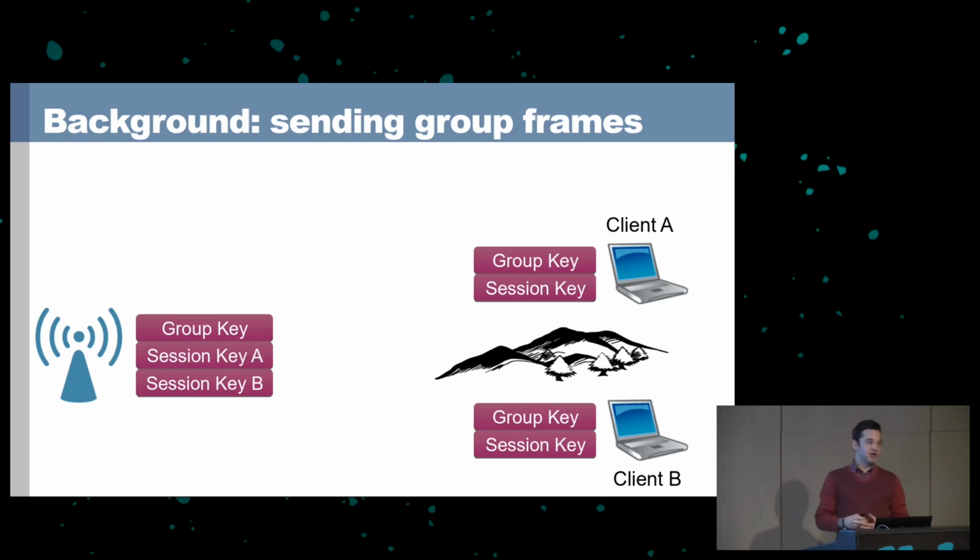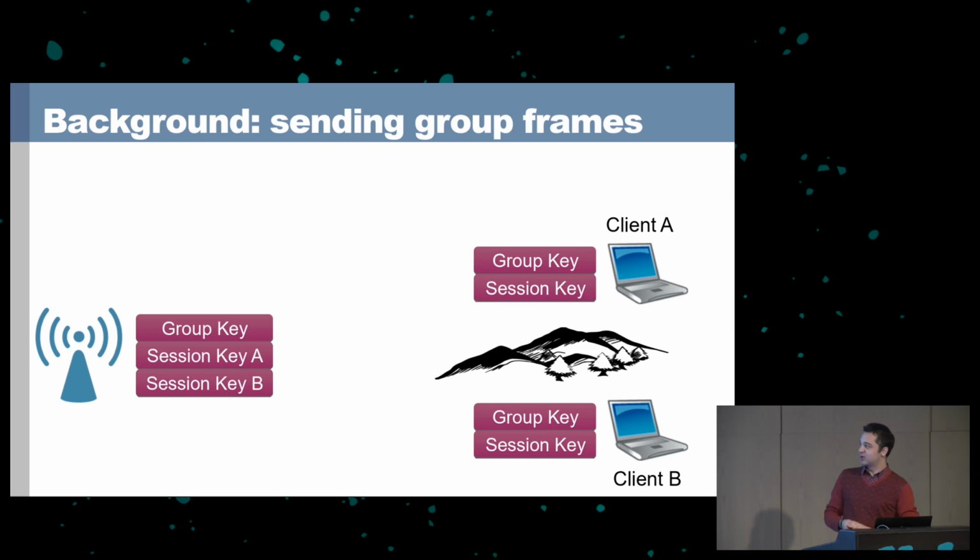So let's say we are in the following situation. We have our access point here, which has the group key of the network and which has the 2 session keys of the 2 connected clients here. And let's assume that in this situation, client A wants to send a broadcast over the complete network. Now, if client A would send this broadcast frame itself, then there is a problem because there are certain situations where clients are out of reach of each other.